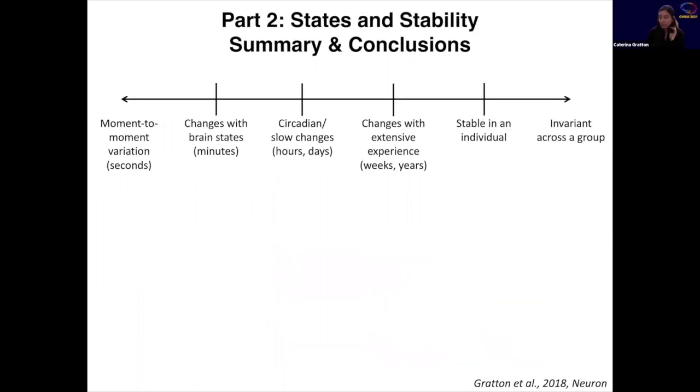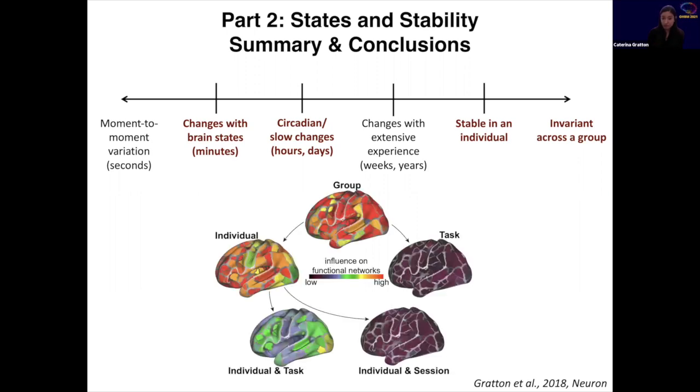So let me just summarize what I've shown you here. I've shown you some evidence that functional connectivity patterns are really dominated by stable factors, either shared across large groups or specific to individuals. There is also variation in functional networks from day to day, as well as across task states that can be highly significant, but these effects tend to be much smaller in magnitude.